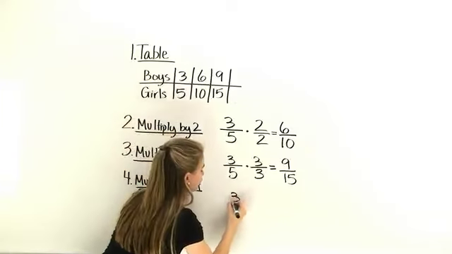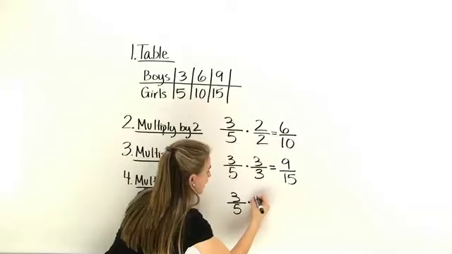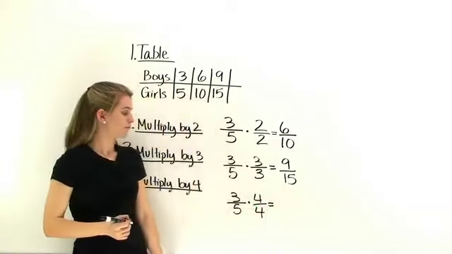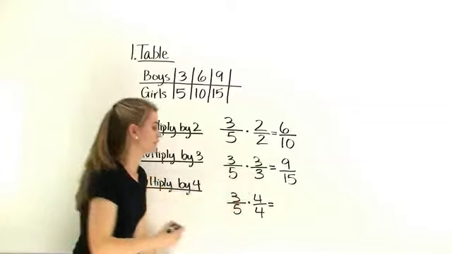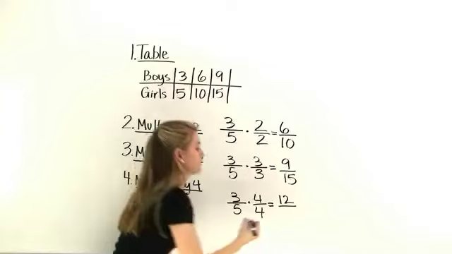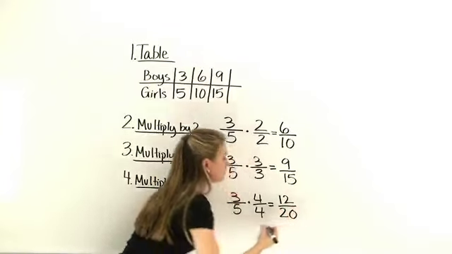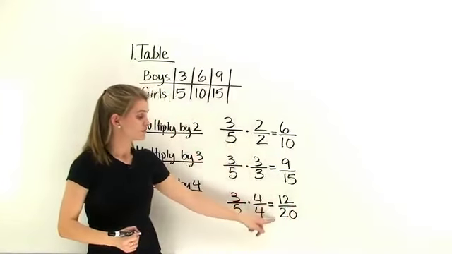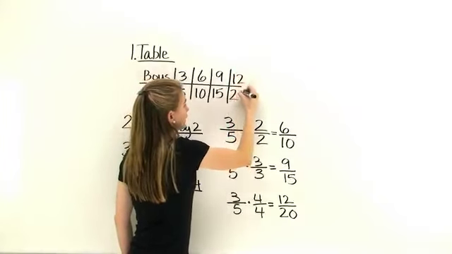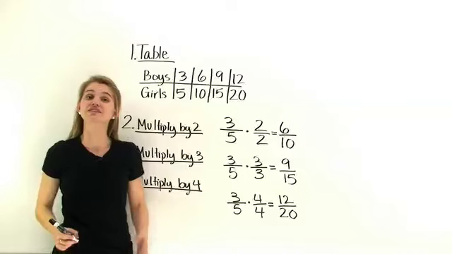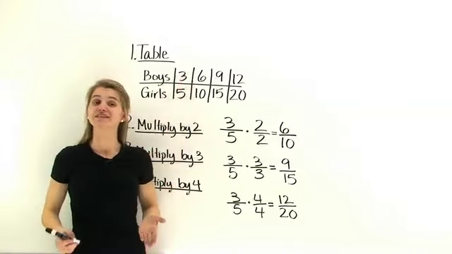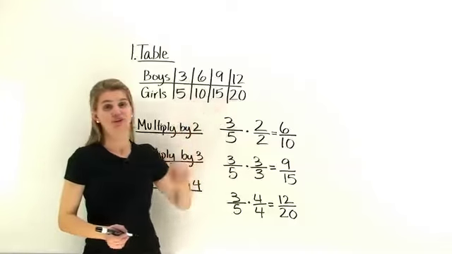So we have the ratio 3 to 5, and we're multiplying both parts by 4. 3 times 4 is equal to 12. 5 times 4 is equal to 20. So we get the ratio 12 to 20. So we can write 12 to 20. And 12 to 20 is equivalent to the ratio 3 to 5. So now we've made a table with 3 different equivalent ratios.